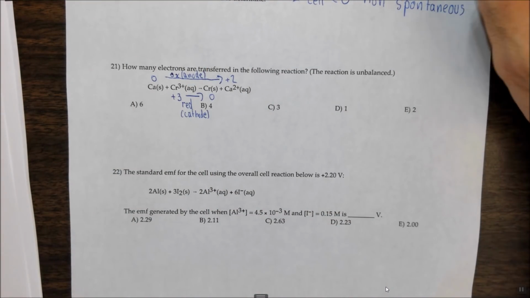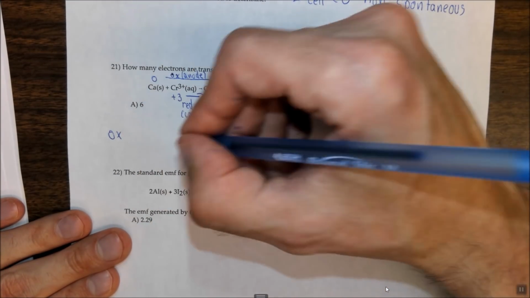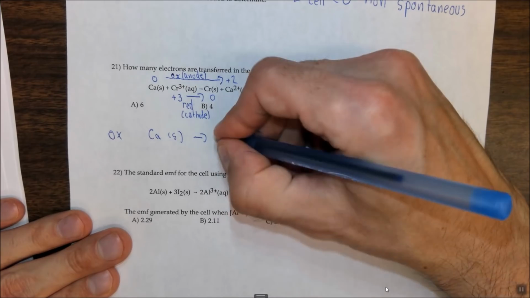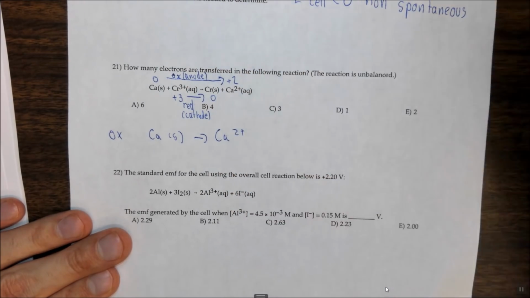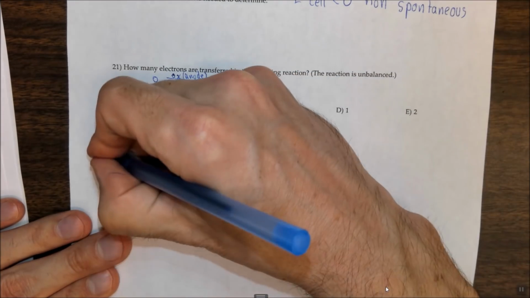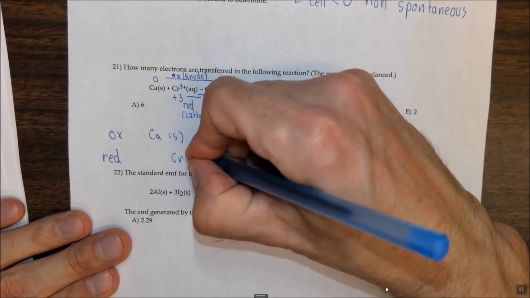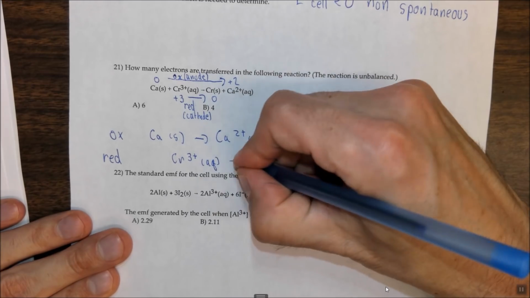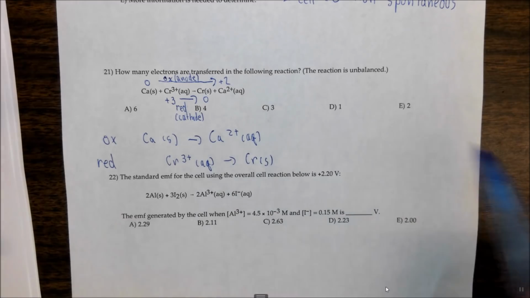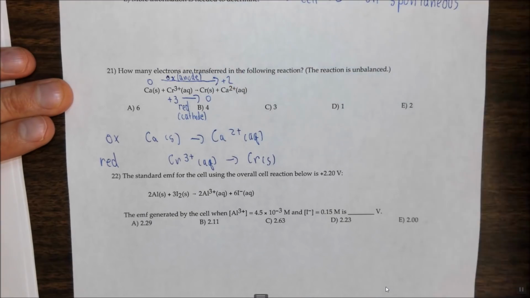All right, so the oxidation half reaction is calcium forming calcium 2+. And the reduction half reaction is chromium 3+ forming chromium. And normally we do a second step where we balance the elements, but the elements are balanced, so we're good.